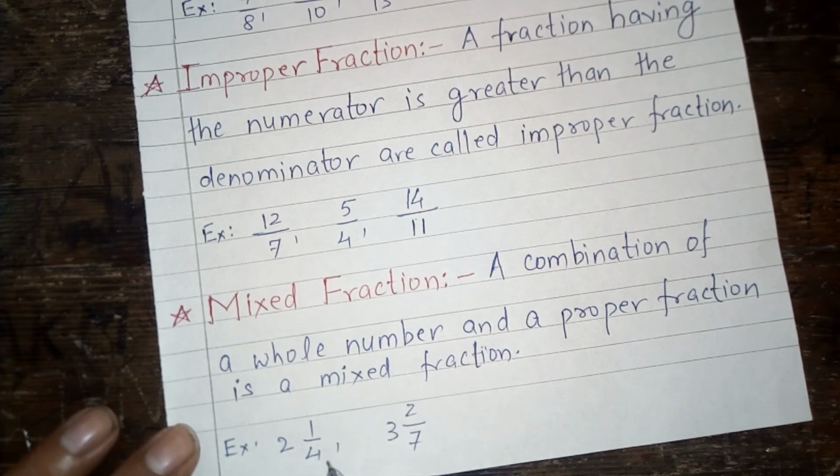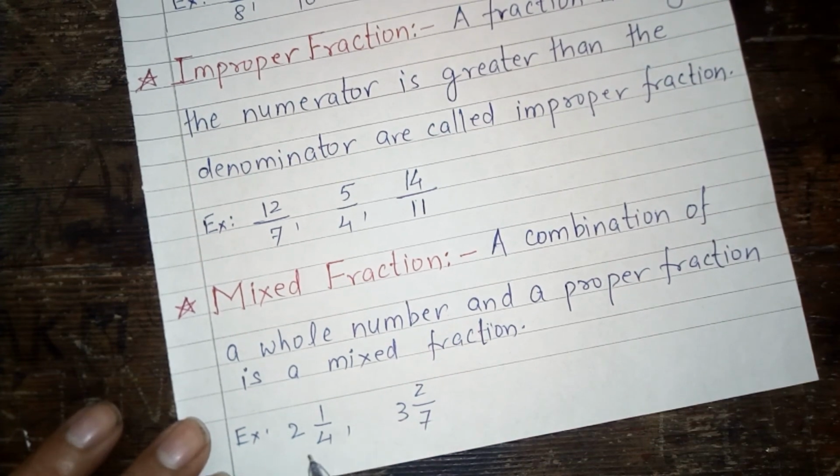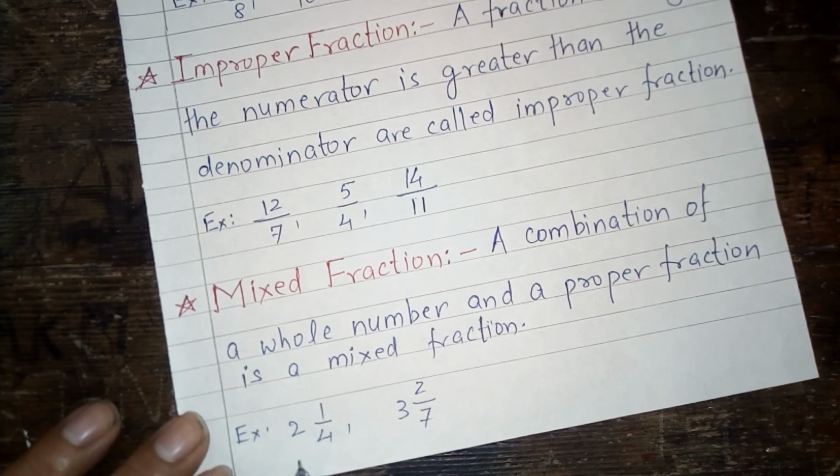Now let us discuss some examples of mixed fraction. As you are looking at this example, 2 1 upon 4, 2 is the whole number and 1 upon 4 is a proper fraction.